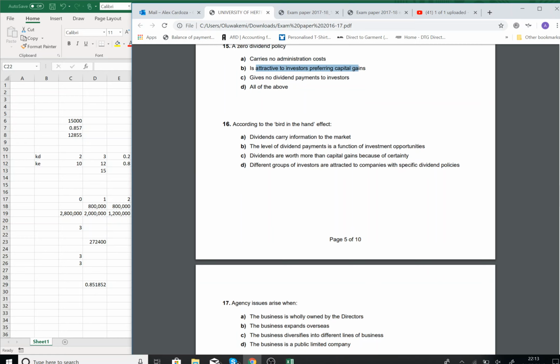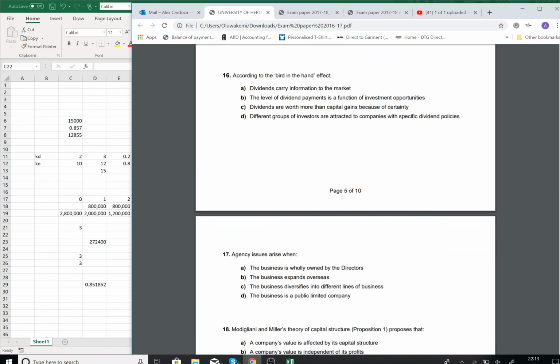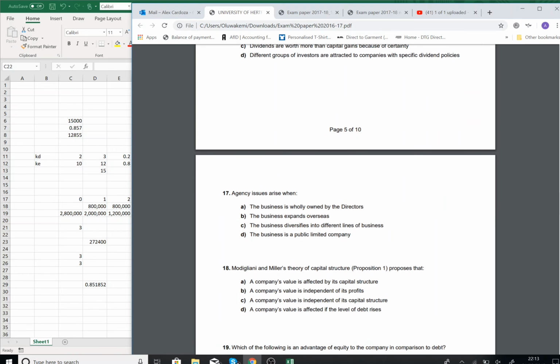So number 17, agency issues arise when the business is wholly owned by directors. That's incorrect. Business expands it.